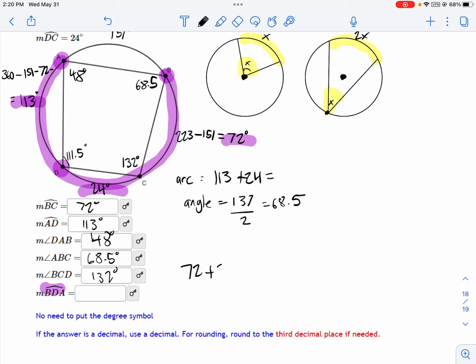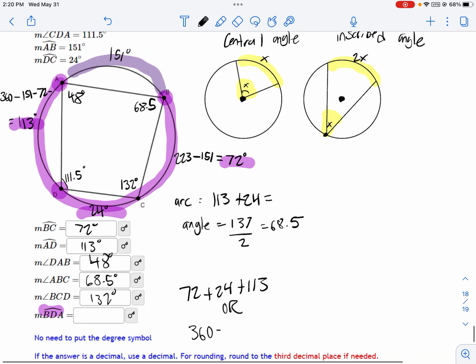So 72 plus 24 plus 113. You'll get the answer that way. Or you could say, hey, that's every arc except that one. So you could say, what if we take the whole circle and we just take out the one arc that we know we don't need, the 151. Okay, either way, when we do this, you're going to get the same answer of 209 degrees.